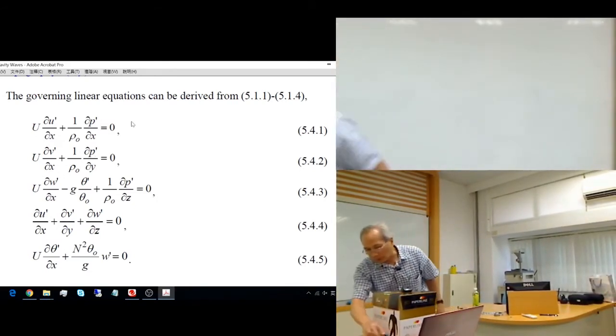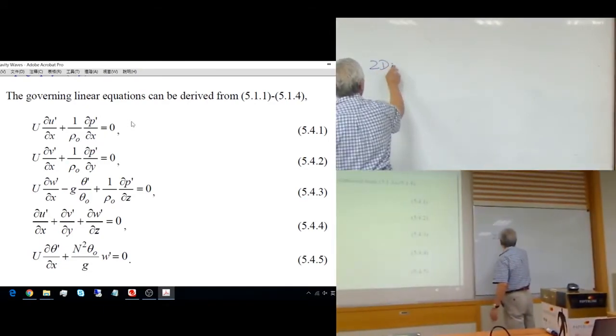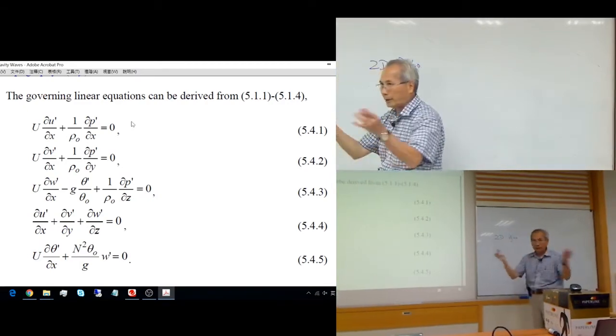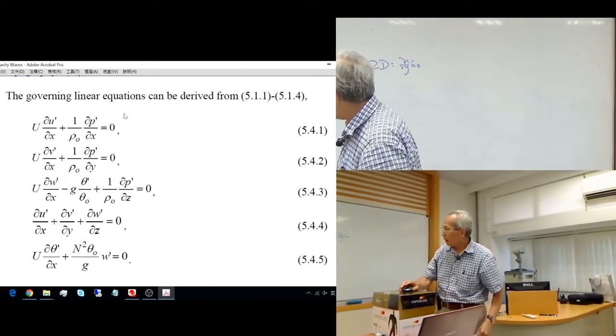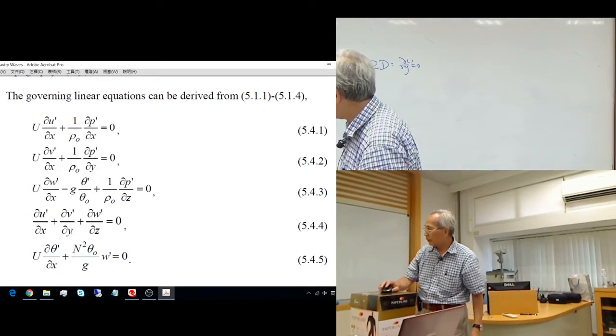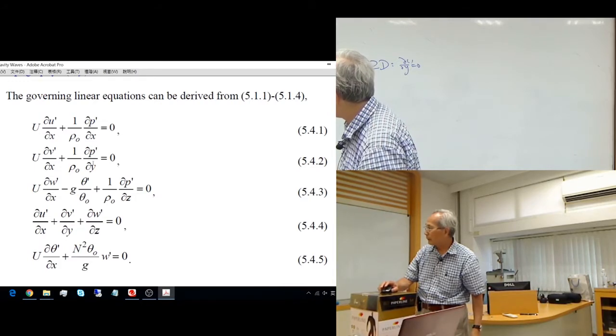And before, for 2D, we assumed partial y is equal to 0 for all the variables. Now this is the same as before, and we add one more term, partial y. So the difference is adding this three-dimensional partial y.